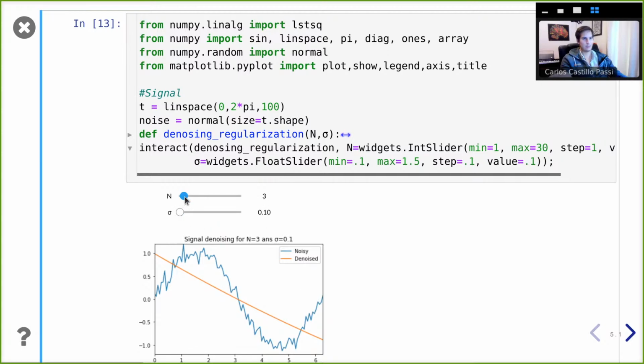Here it says 3, but if I put 1 or 2, it would be the same. Basically, this 1 means until degree 0, just the way the function works, but this is a polynomial of degree 0, a constant. Then I have a linear function, and I start putting more and more coefficients, and you have a very good representation of the signal.